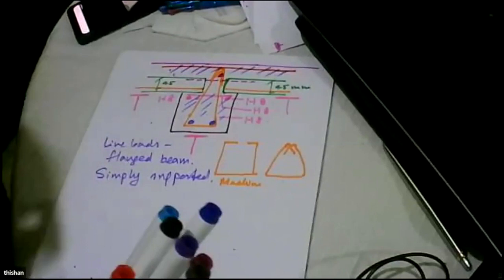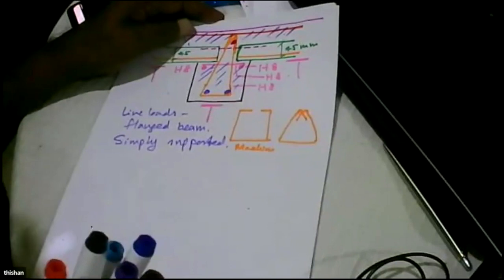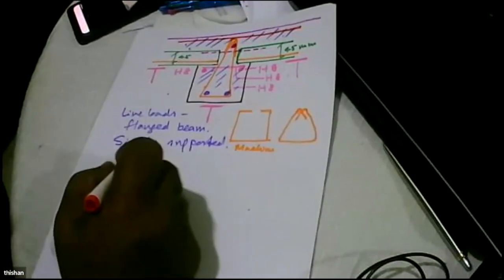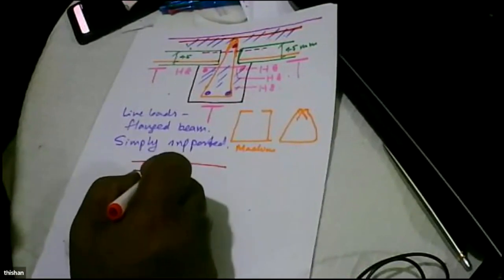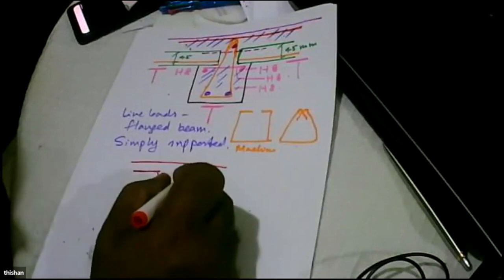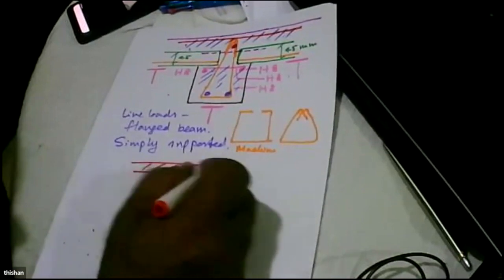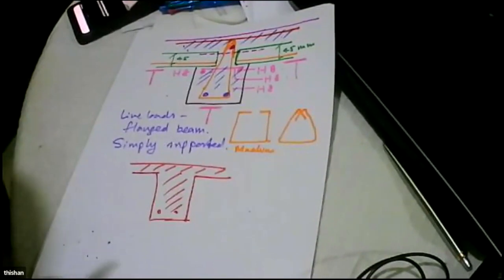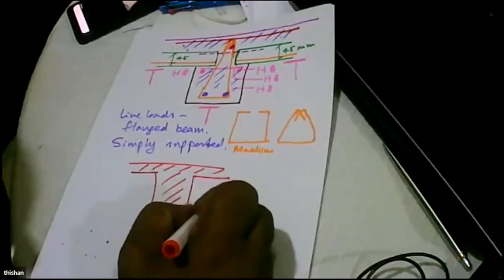Yeah, argument clear. Because we are considering that we put props for the beam. So basically, why we put props? The beam behaves as a flange beam, because it's all linked properly, but simply supported.